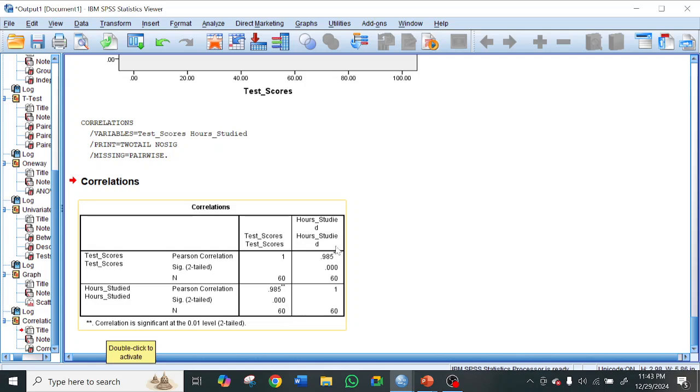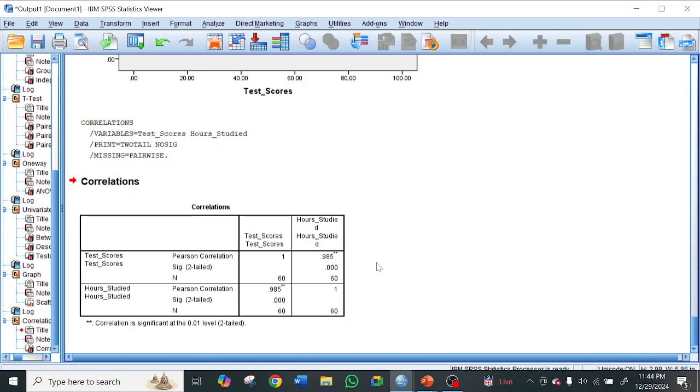From this table, what we can take note of is that the correlation is very strong, and that's also depicted from the graph. So the correlation is very strong, and it's positive. The direction of the relationship is positive.